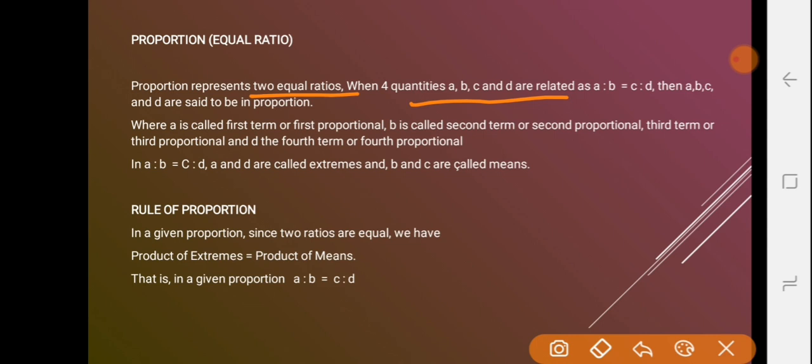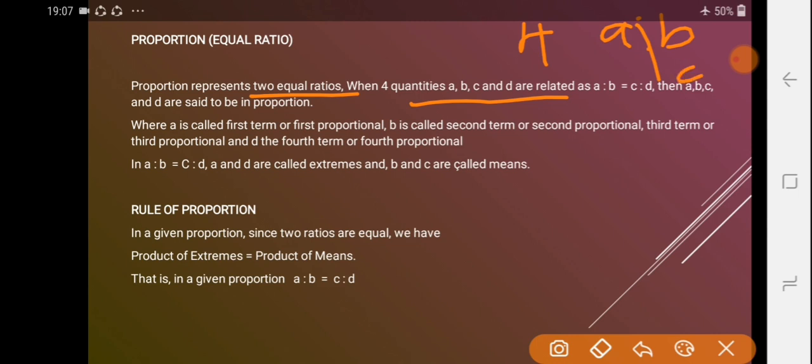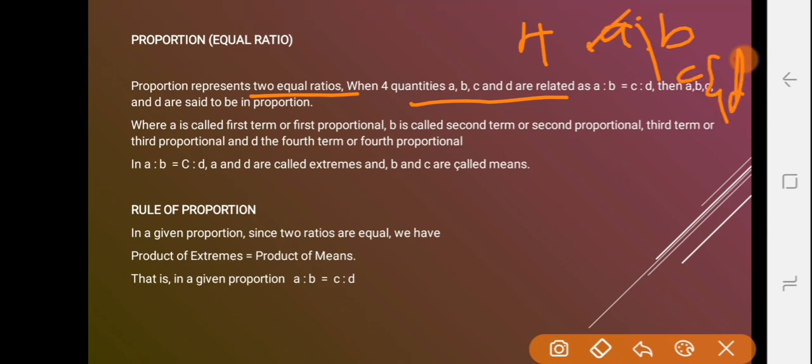Here we are comparing four different quantities: a, b, c as well as d. A is called the first term, b is the second term, c is the third term, and d is the fourth term.